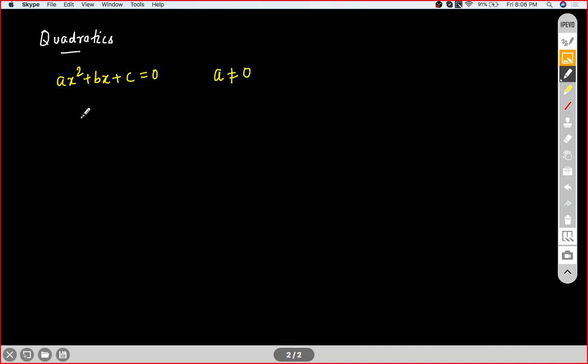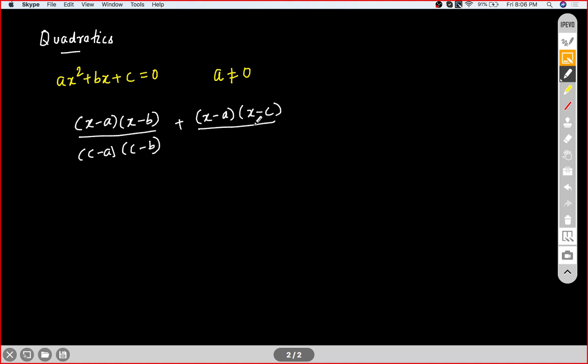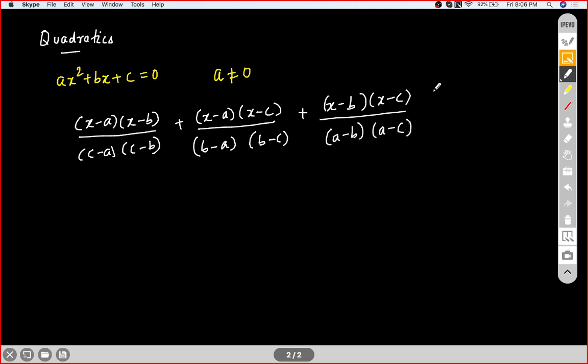Let's say I give you a quadratic equation: (x minus a)(x minus b) by (c minus a)(c minus b), plus (x minus a)(x minus c) by (b minus a)(b minus c), plus (x minus b)(x minus c) by (a minus b)(a minus c), minus 1 equal to 0.